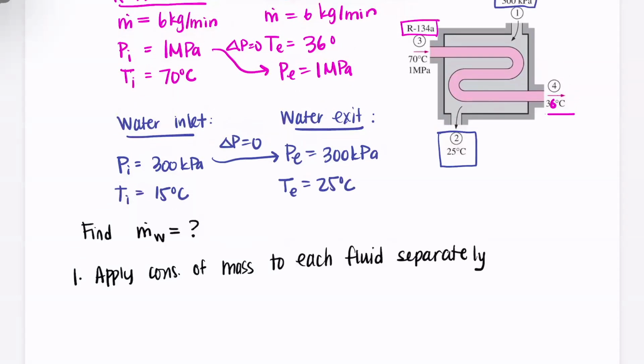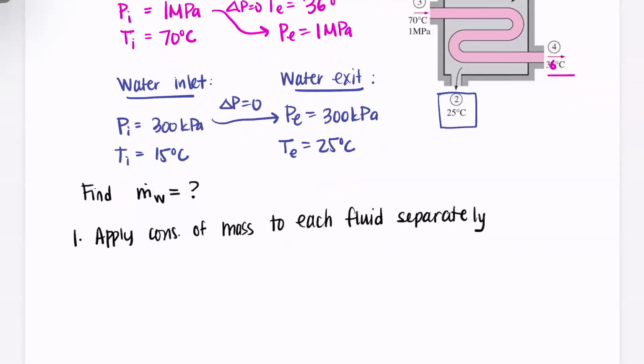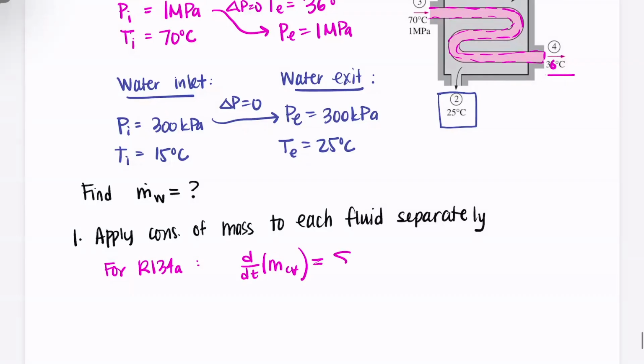All right, so I am going to, oh, these are already labeled. So we have for our refrigerant, so for this control volume, we have that the time rate of change of mass in the control volume is equal to the sum of the mass flow rate at the inlets minus the sum of the mass flow rate at the exits.